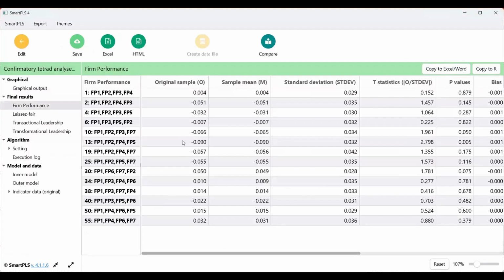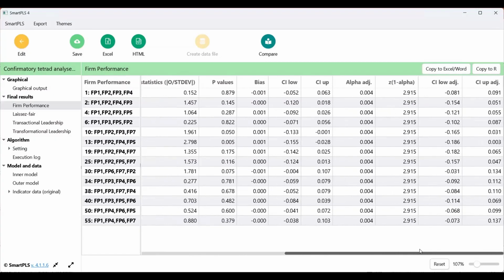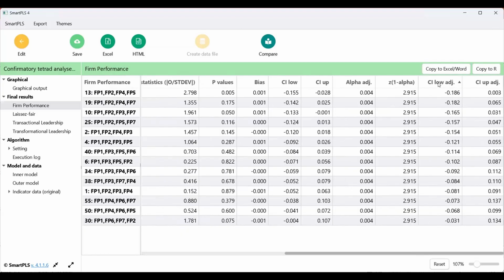If you look at the firm performance in here, everything is four different indicators in one iteration. So we have FP1, FP2, FP3, FP4. So it's a combination of four different tetrads. Let's go and check the confidence interval.